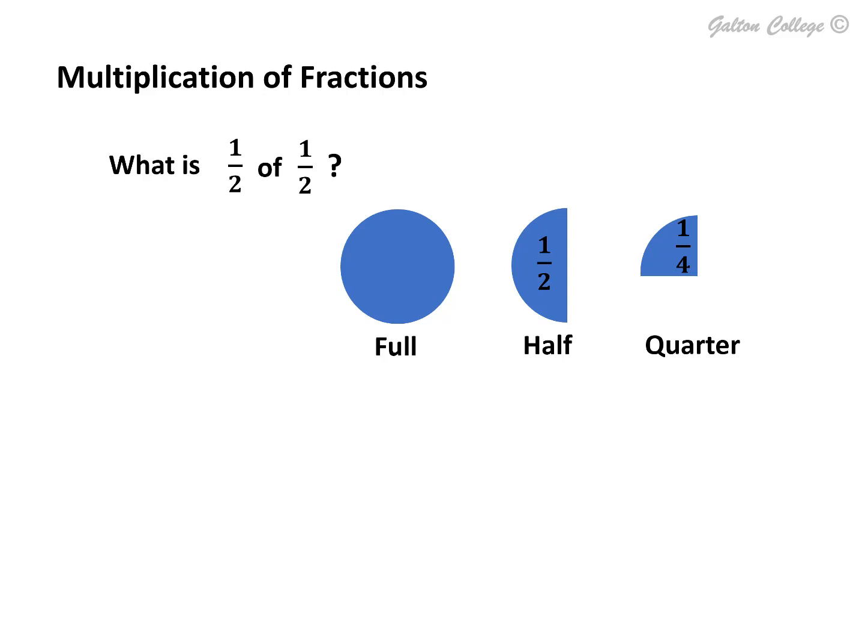I'm going to come on to this in a second, but let's just preempt it here. We have a half of a half. Multiply the numerators together. 1 times 1 is 1. Multiply the denominators together. 2 times 2 is 4, a quarter. So a half of a half is a half multiplied by a half, which is a quarter.